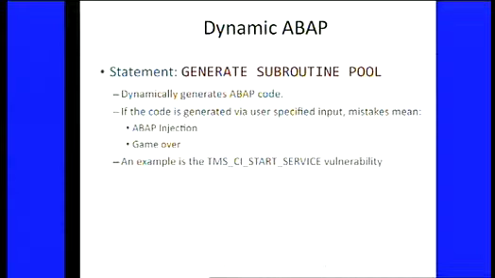What this GENERATE SUBROUTINE POOL statement does is take source code lines, compile them, and execute them. This is what it does. And there are some ABAP programs, of course, doing it intentionally for functionality or unintentionally. So this is a very good feature, a lifesaver, but it can also be a security disaster, because if you have very old SAP systems, 10 years old, etc., or different SAP systems, you don't have the same tables.